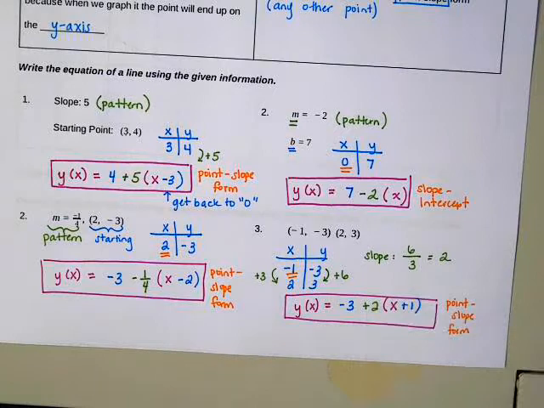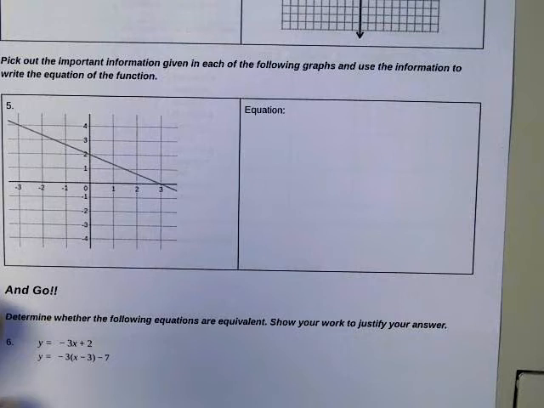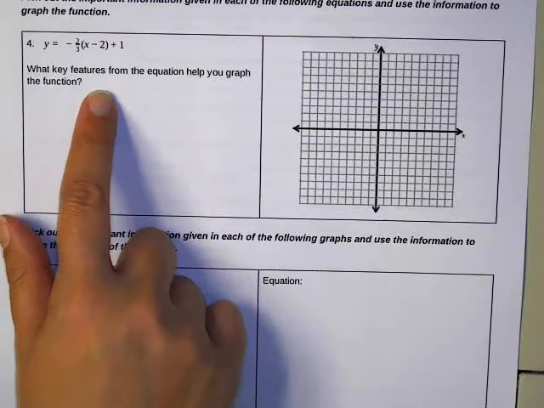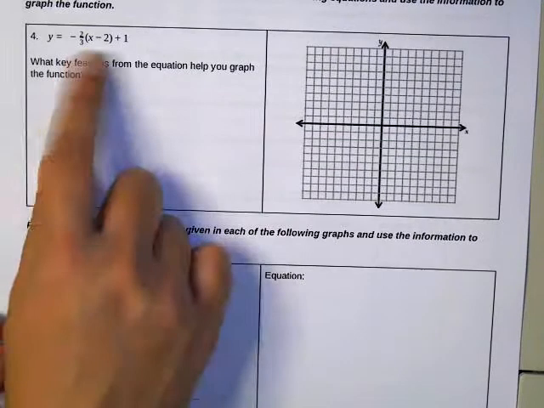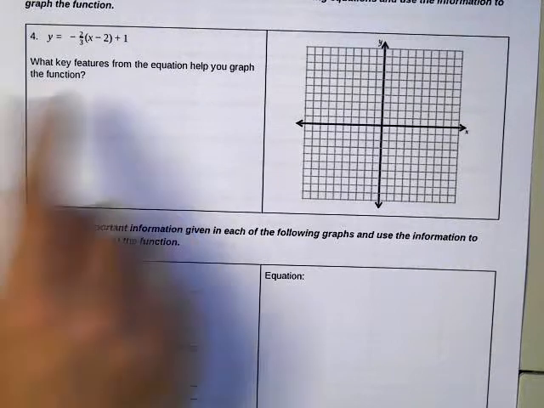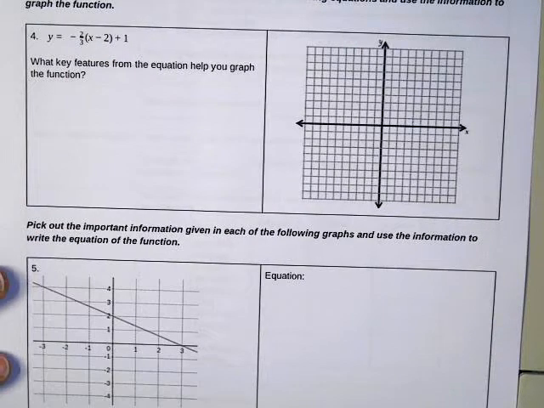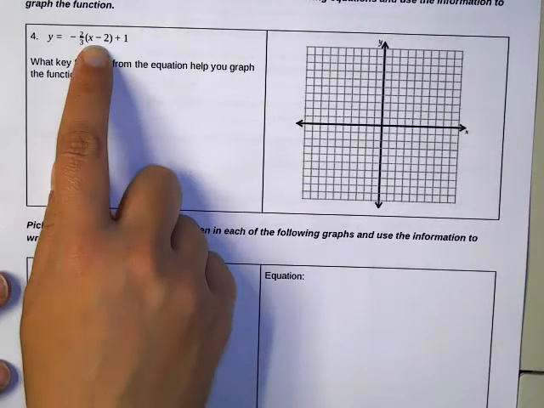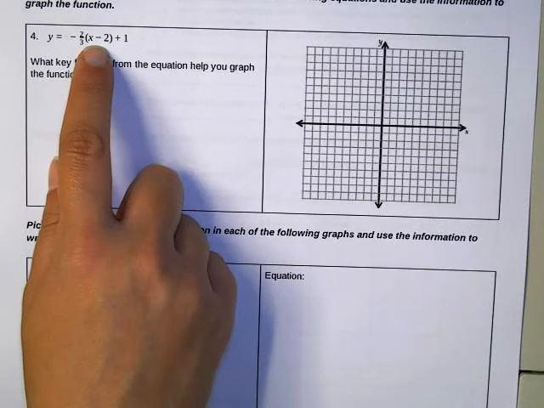Now another thing we're going to need to be able to do is to take an equation that's already been written and figure out how to make the graph using the information from the equation. So in this equation, I can see that this is point-slope form because the x had to be adjusted to get back to 0.